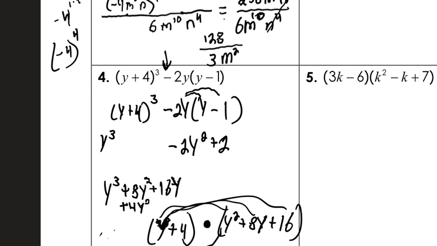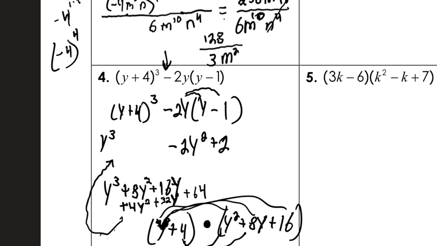I'll line it up with this one so we can add them together easily, with like terms lined up under each other. 4 times 8 is 32y, right, 32y. And then we got the 4 times 16, which is 64. So that first part is y cubed.